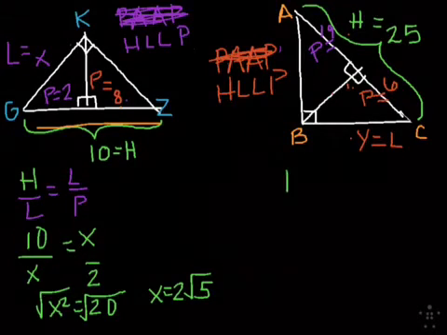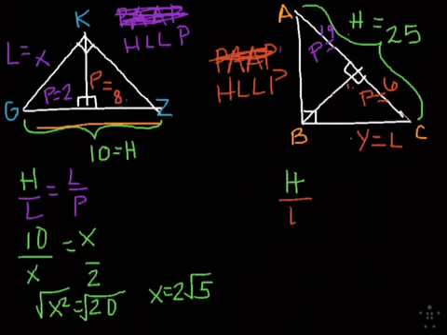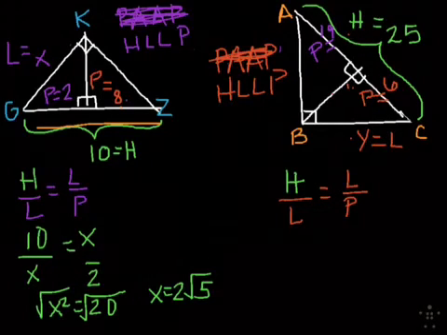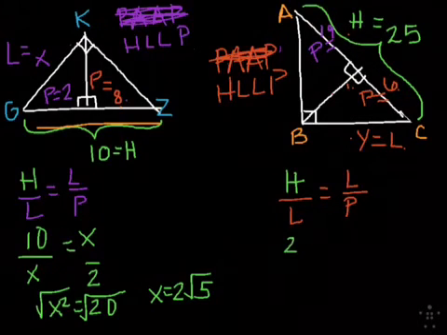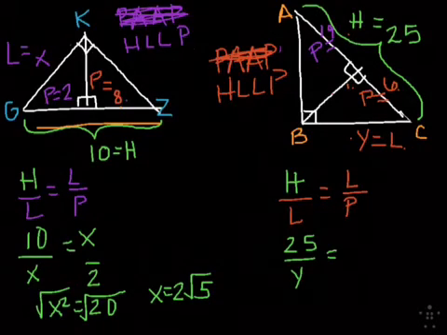So it's hypotenuse over the leg equals the leg over the part of the hypotenuse. And if you see, I had the red leg and part, so that's what I'm using here. So the hypotenuse is 25 over the leg, which is what I'm looking for, that's y, equals y over 6.